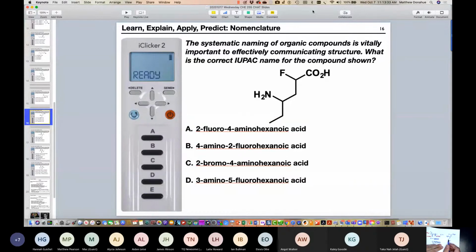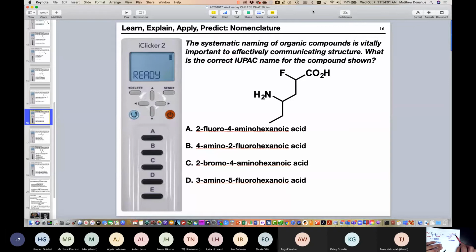So C6, what is the alkane name for 6 carbons? So that's hexane. Notice I just circled that.